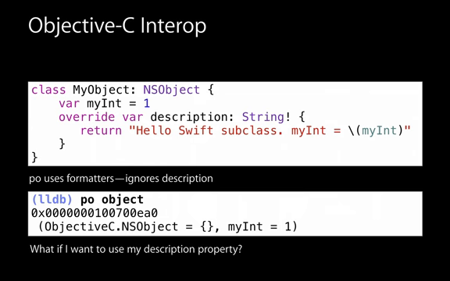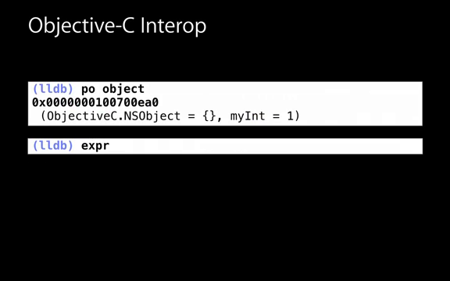It turns out there is a way. When there's a will, there's always a way. I can start from there, and I guess I have to write an expression. And I guess I have to write an Objective-C expression, since I'm trying to get an Objective-C behavior.